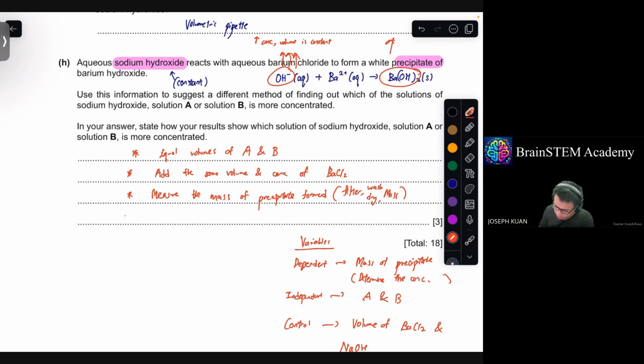So with that, how can we prove that the mass of precipitate correlates to the concentration? The more concentrated solution will lead to a greater mass of precipitate.